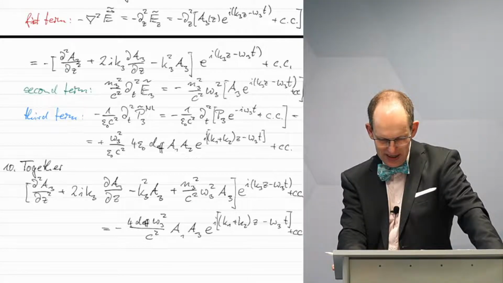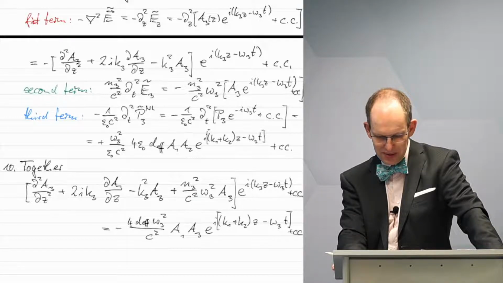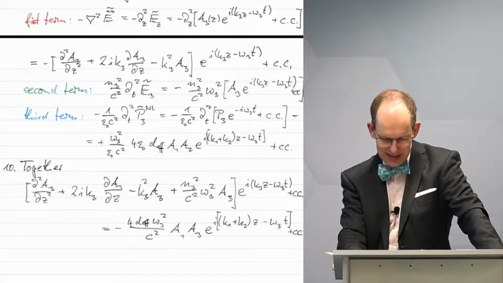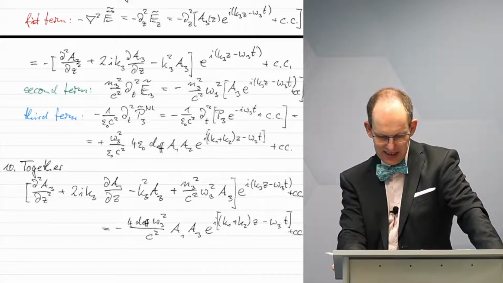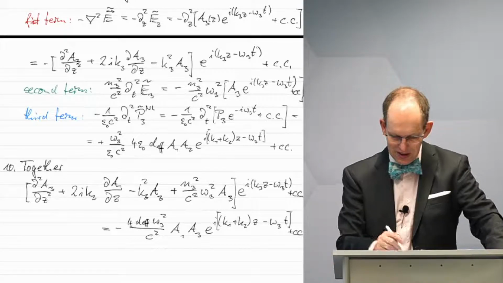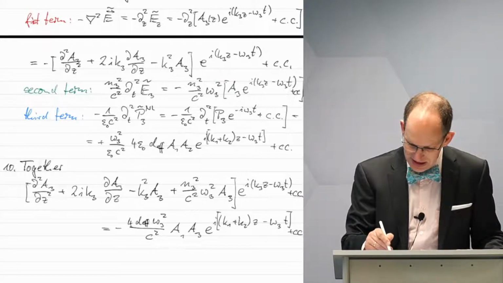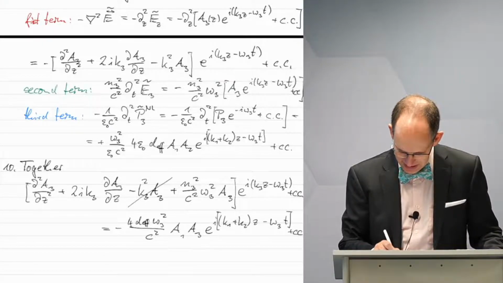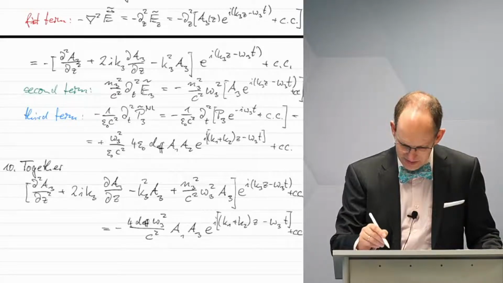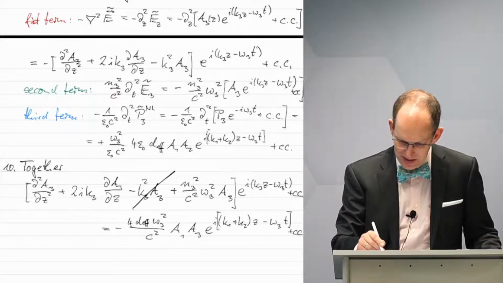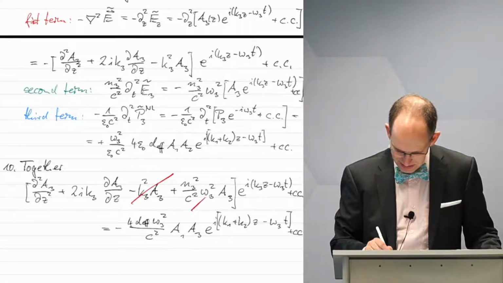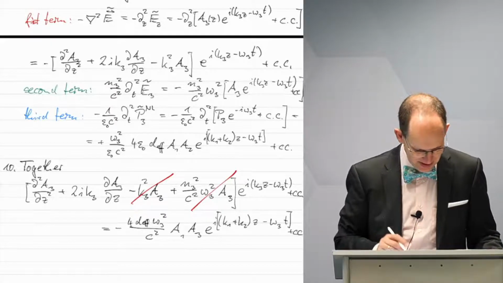And therefore k3 squared is omega 3 squared divided by c squared. And actually k is n times omega divided by c. So these two terms, they cancel. Isn't this nice? I wanted to have it in red. So, like this.